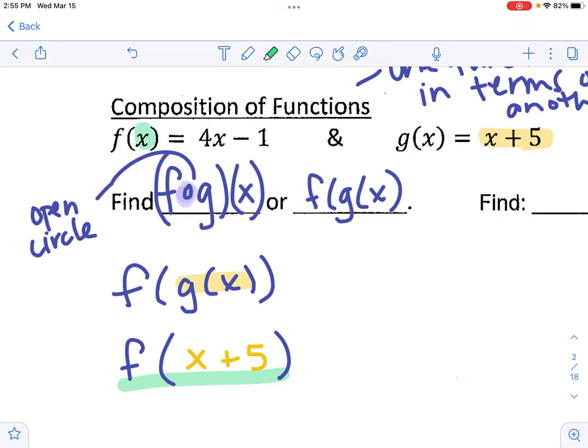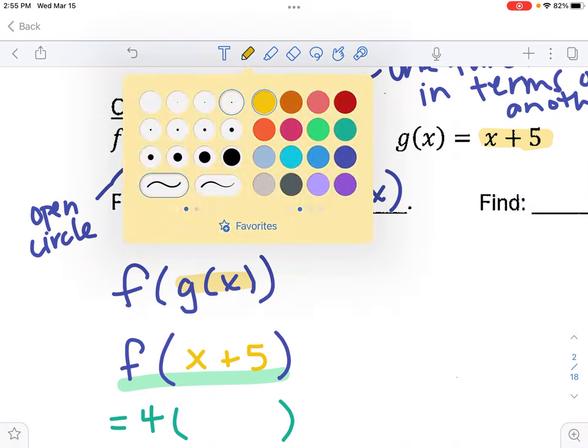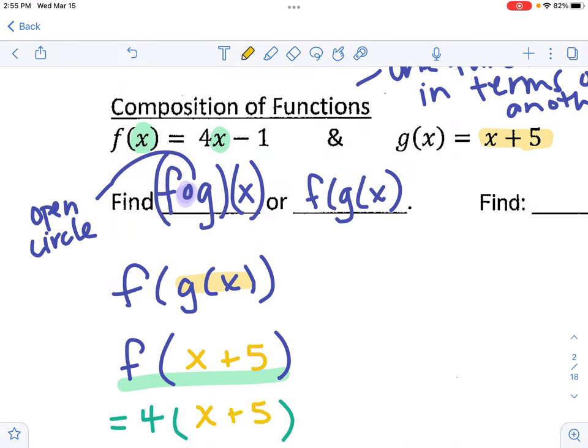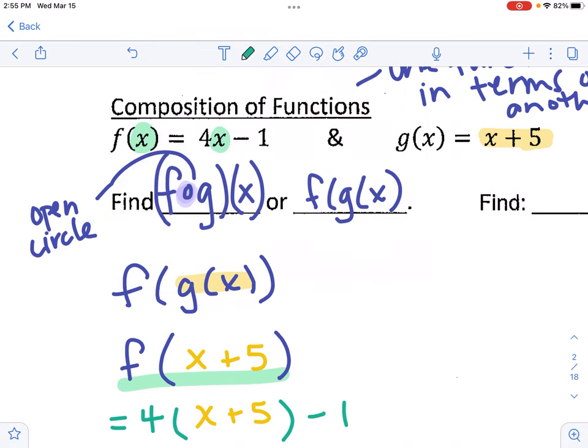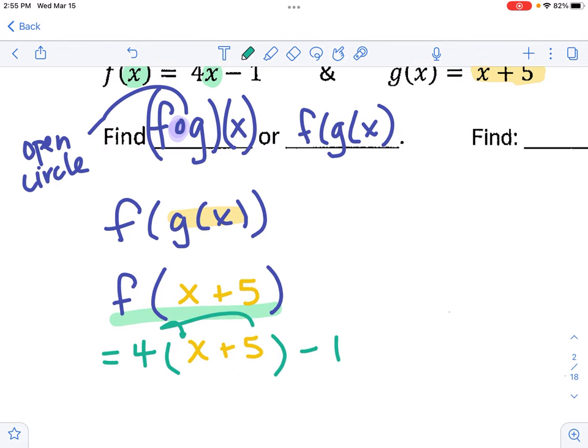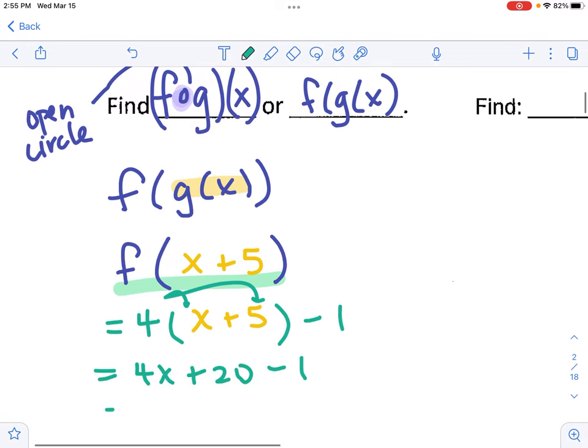Originally this was in terms of x, but now wherever we see x, we're going to plug in x plus 5. So we have the 4, but instead of x, we're going to write down x plus 5. And I know that function f subtracts 1 at the end. From here, I'm going to distribute. So I have 4x plus 20 minus 1, and that's going to turn into 4x plus 19.